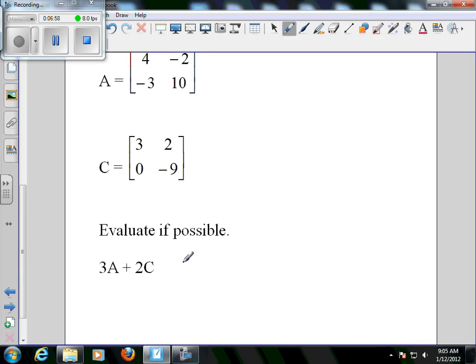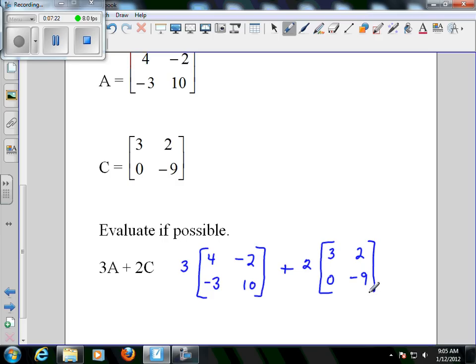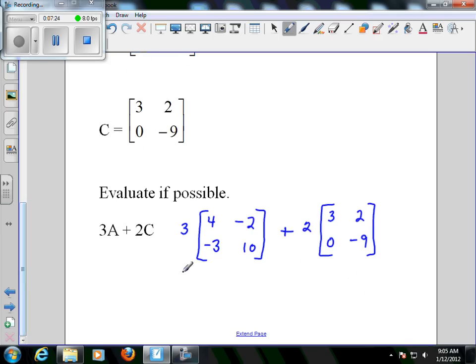So that means we're going to say 3 times whatever matrix A is, which is 4, -2, and then -3, 10. And we are going to add that to 2 times matrix C, which is 3, 2, and 0, -9. So let's go ahead and do that.